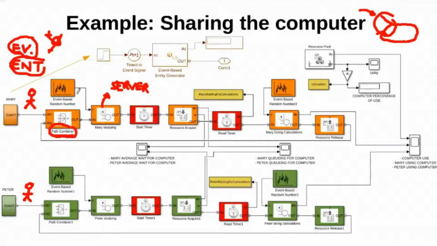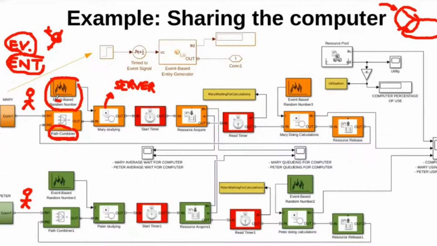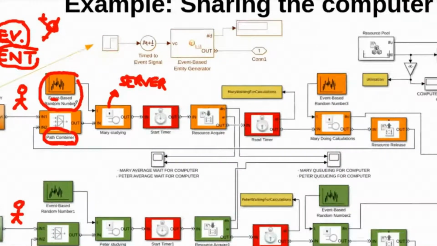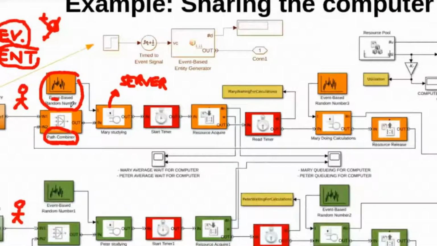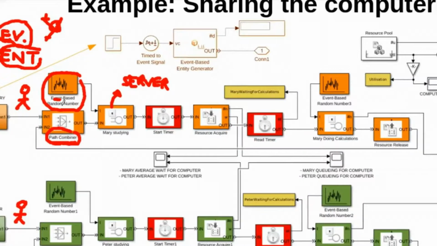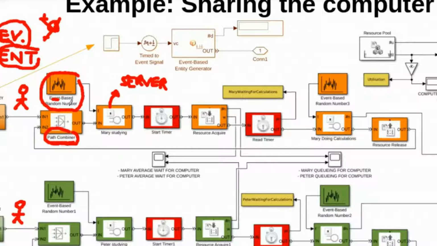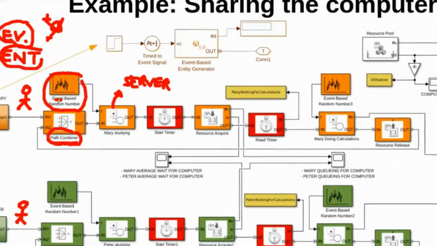So this time for Mary studying will depend on some probability density function, okay? So that's why here we have a random number generator, okay? But that's not a simple random number generator. This random number generator will be event-based.